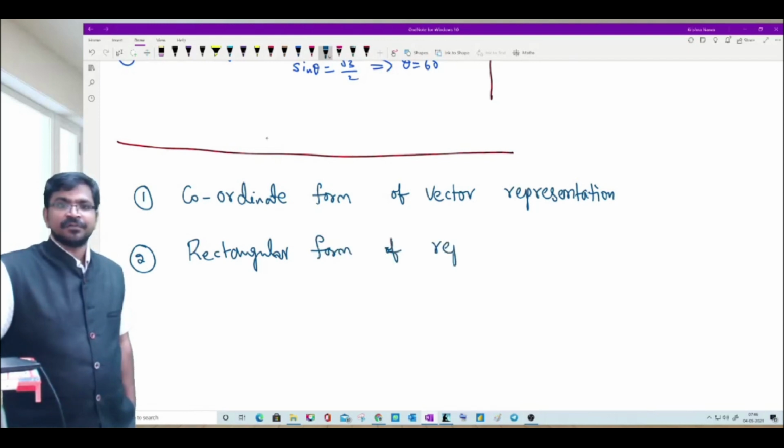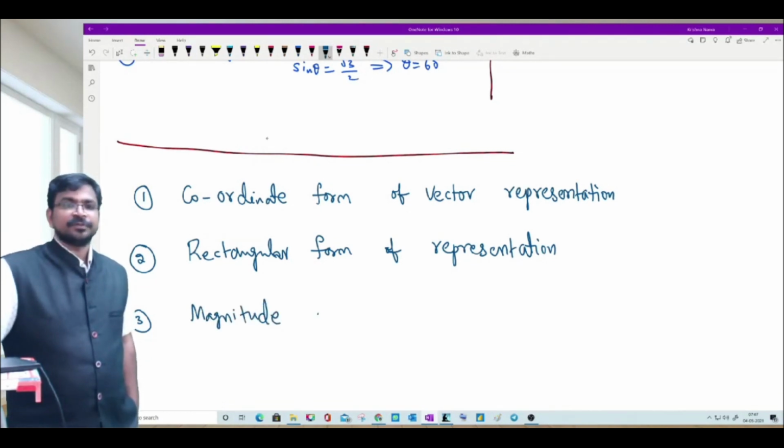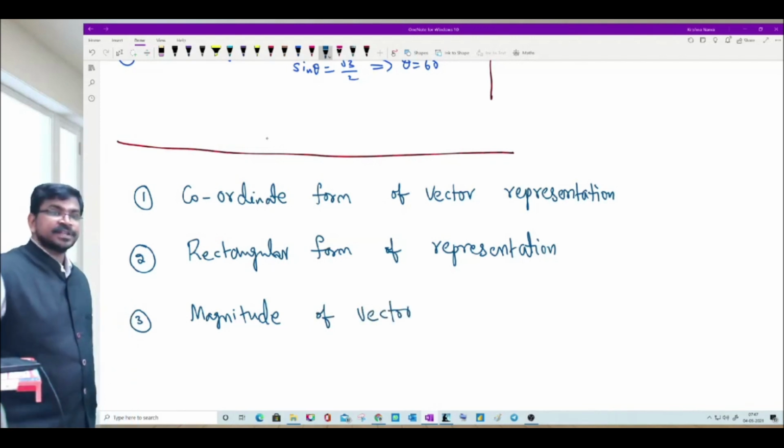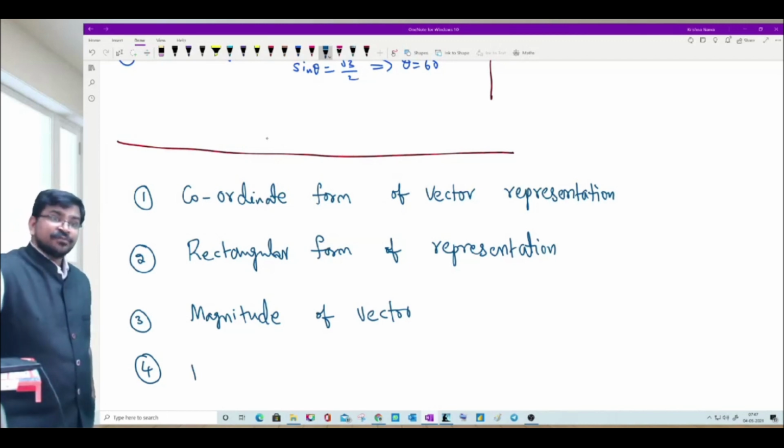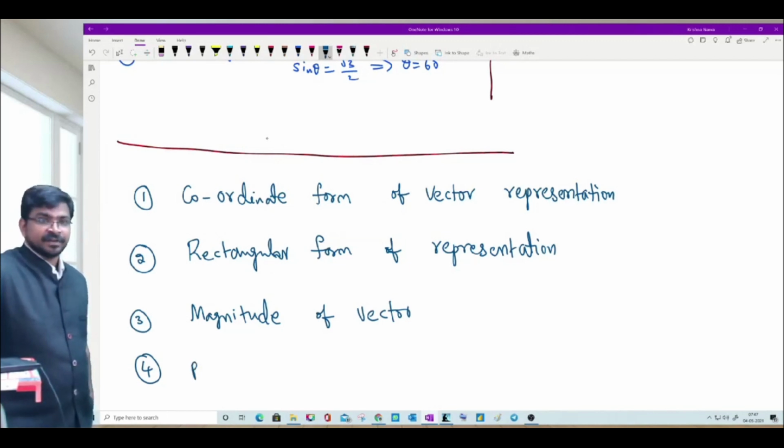Third, we have discussed the magnitude of the vector. And finally, we have discussed the polar form of representation of the vector.